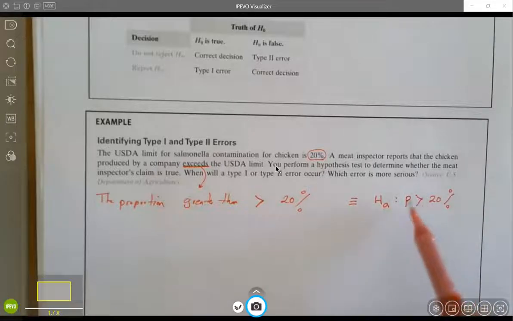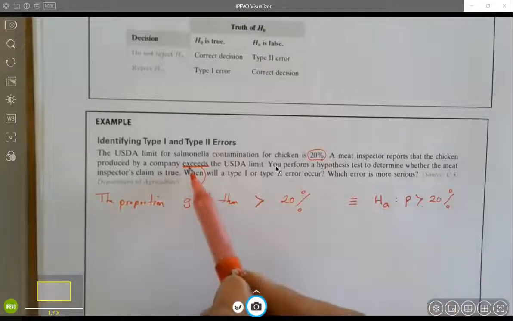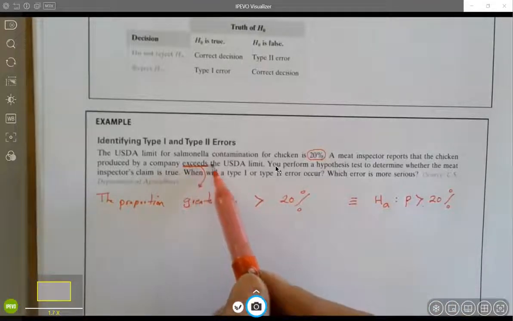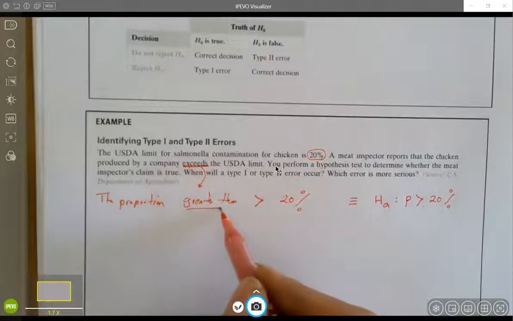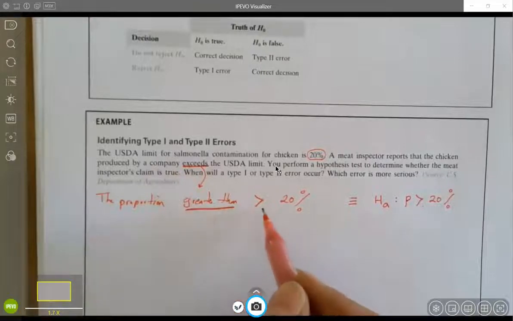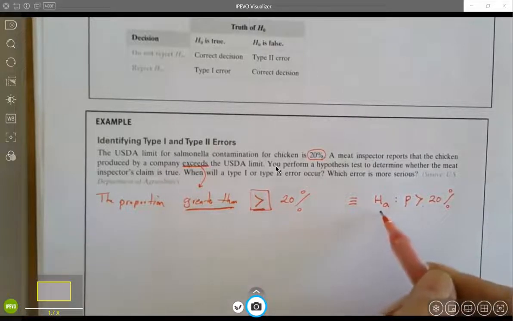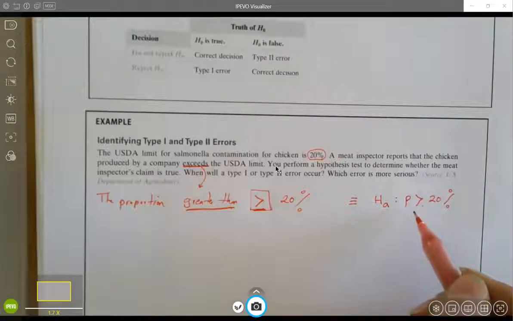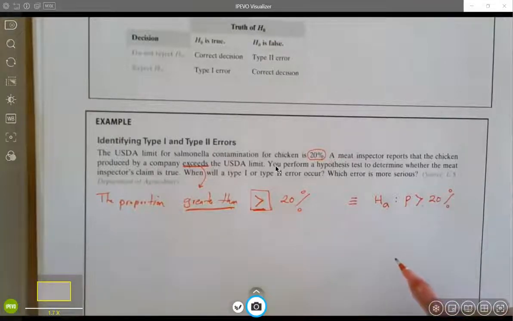Since we don't have any equality, it's not greater than or equal to, it is just exceeds. The interpretation of exceeds is greater than, larger than, the mathematical symbol. So we have our alternative hypothesis, P, or population proportion, is greater than 20%.